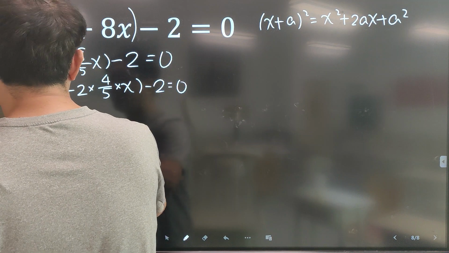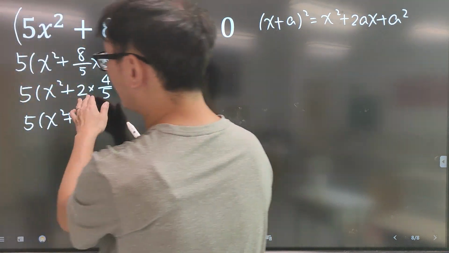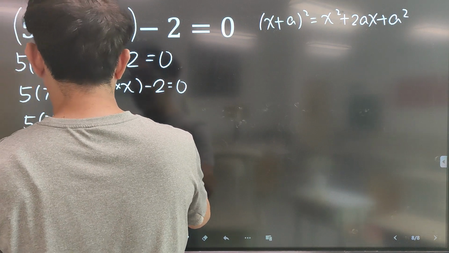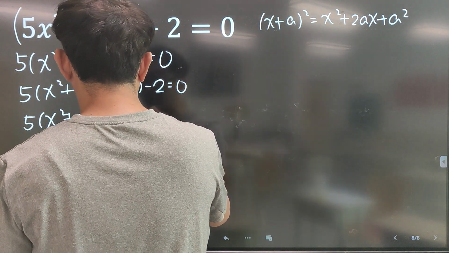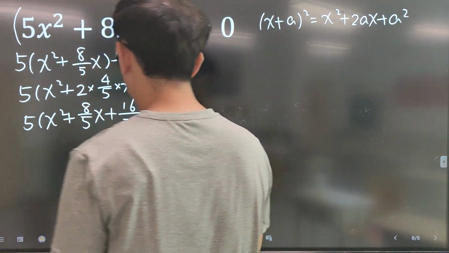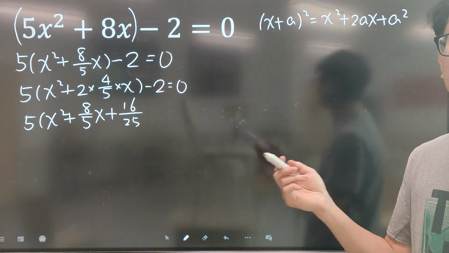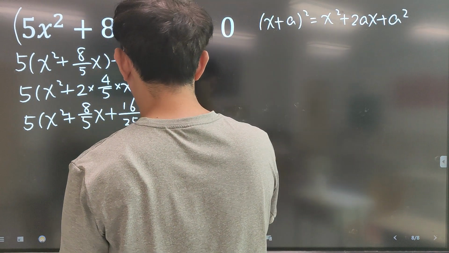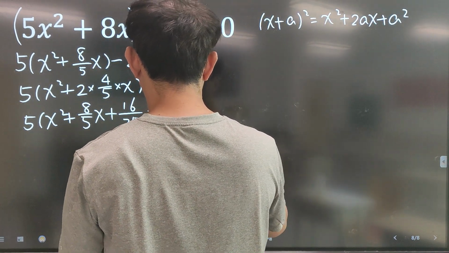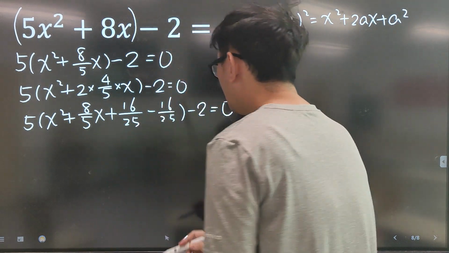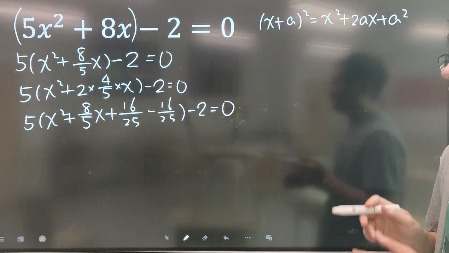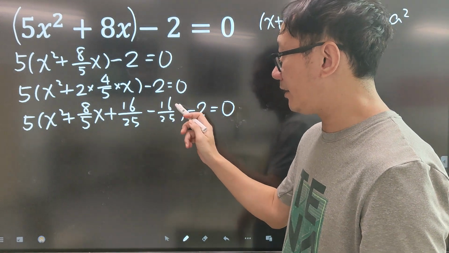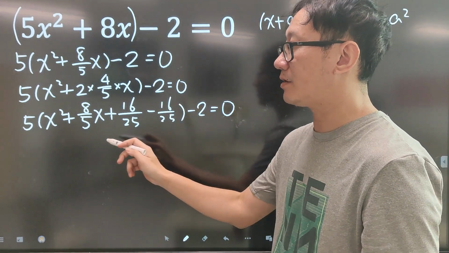So I will add, okay, and I'm going to rewrite this back into its original form. I'm going to add 16 over 25 at the end. But I can't just do that. It will change the equation. So I need to subtract it back. Okay, the next step is slightly trickier. I'm going to move this minus 16 over 25 outside of brackets.